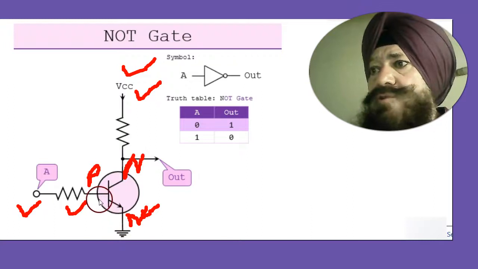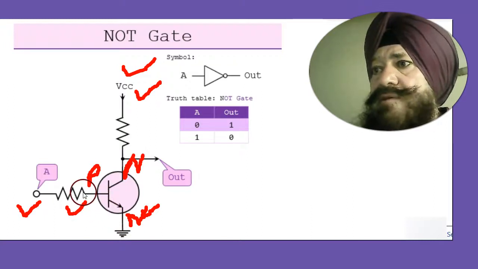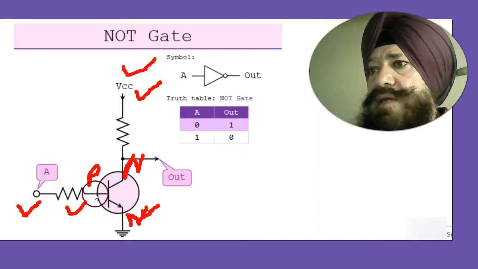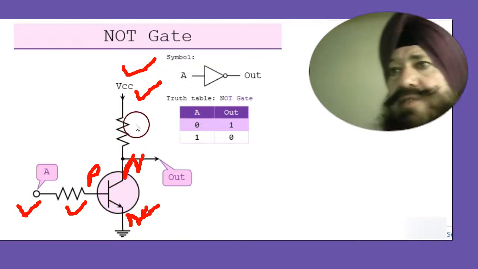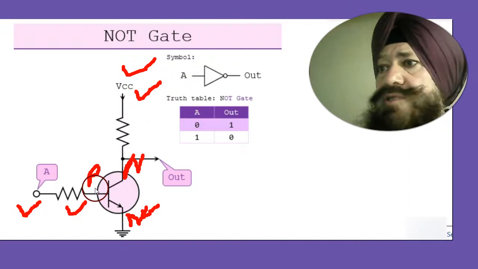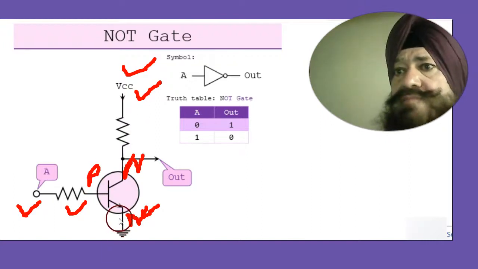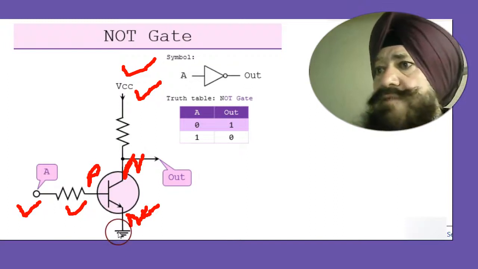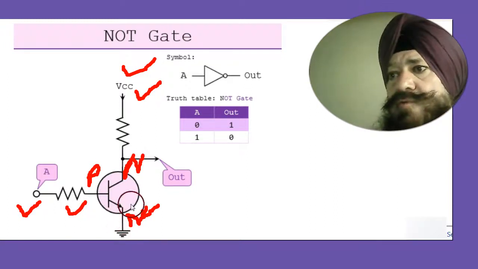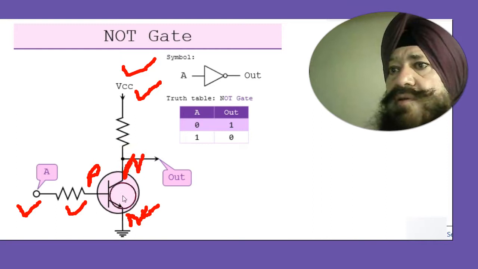This negative value of the current makes the base-emitter junction also reverse biased. The leakage current makes it reverse biased. So as a result, both the collector-base junction as well as the base-emitter junction are reverse biased. So there is no flow of current from collector to emitter.